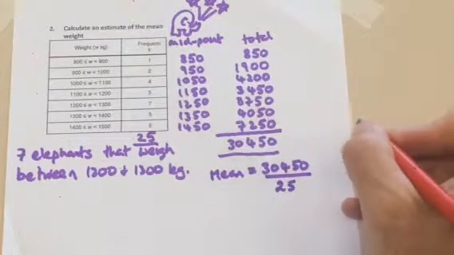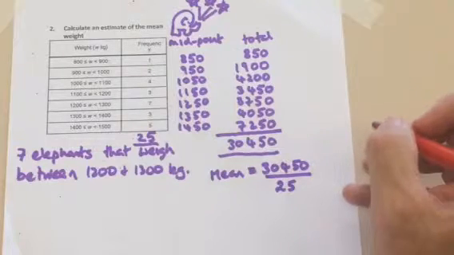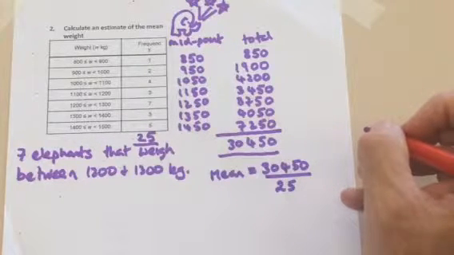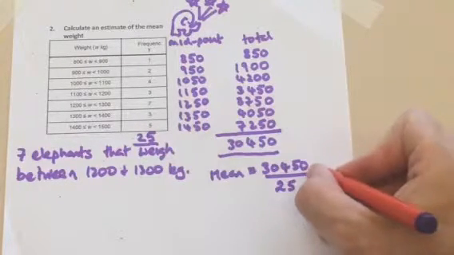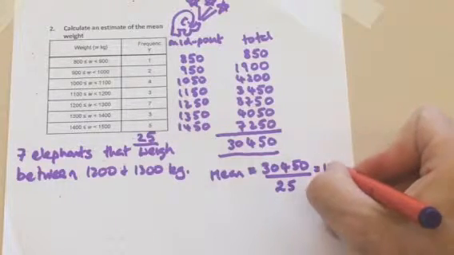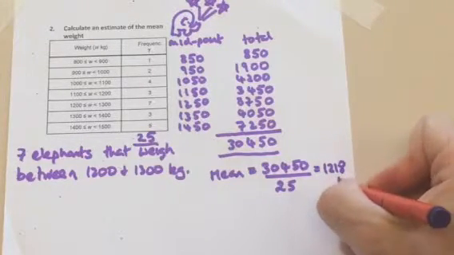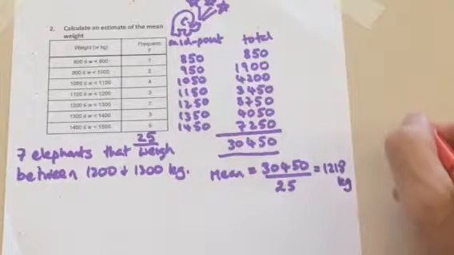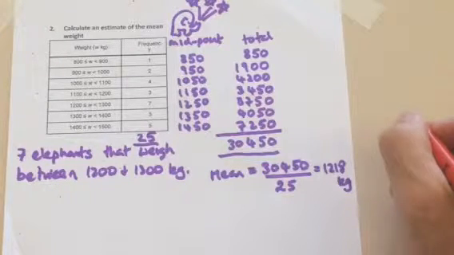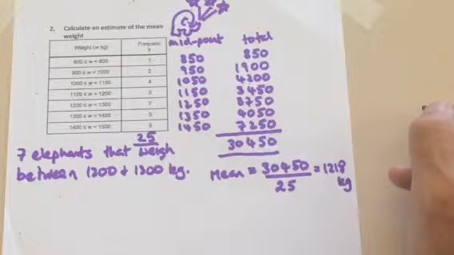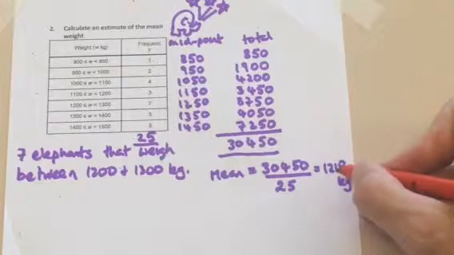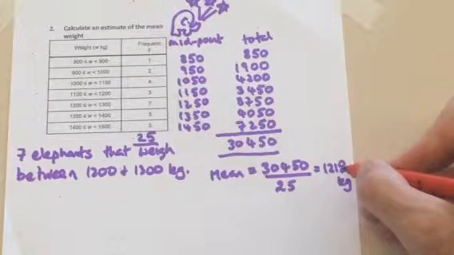Okay, so that is 1,218. Okay, so the mean mass of the elephants is 1,218 kilograms.